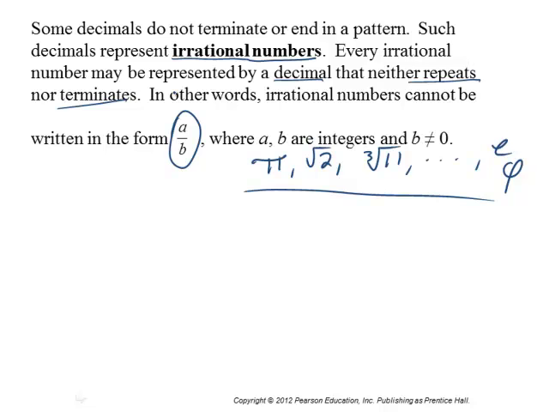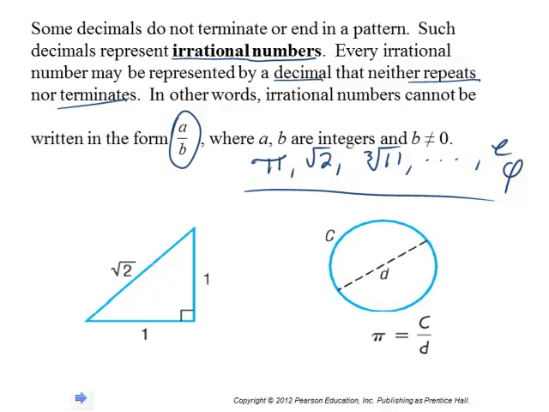So, for example, if you were to plug in pi in your calculator, 3.14159 ... there's no groups of numbers that repeat themselves, and it certainly doesn't terminate. That's the same truth for any other irrational number.